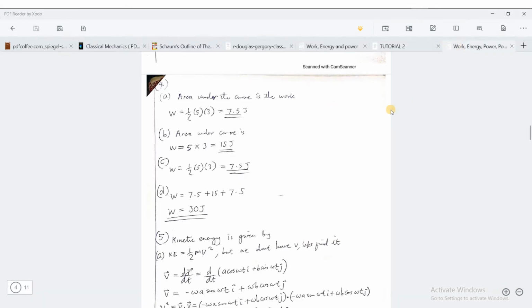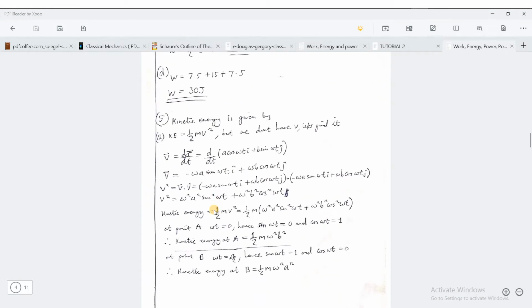So it will come back as 7.5, just like in part A. And part D is talking about the area under the entire curve, which is just the sum of these individual areas. So when you add this area, and this area, we get the final area, which gives us the total work done. So when you add this plus this plus this, you get 30 joules.